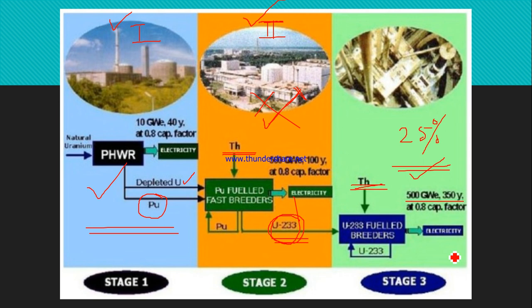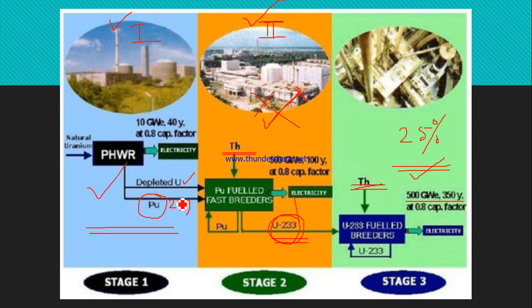Okay, so these two stages are the second and third stage of the nuclear program. They are concerned with breeding. Why breeding? You see here this plutonium-239. So we will be using plutonium-239 and depleted uranium-238. The first neutron is converting this uranium-238 to plutonium-239.